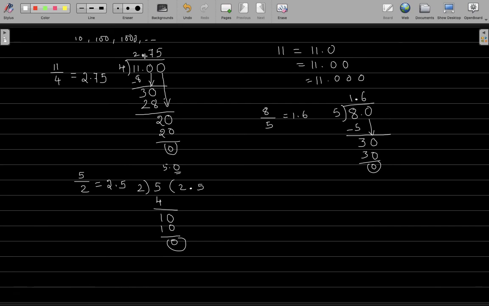Once we have added a decimal point, we can bring down one 0 along with the remainder. As you get another remainder, you can bring another 0. If you get another remainder, you can imagine this as 11.00, which is also the same as 11.000, and bring another 0 to the remainder. So whenever you are dividing, we must try to get a remainder 0.